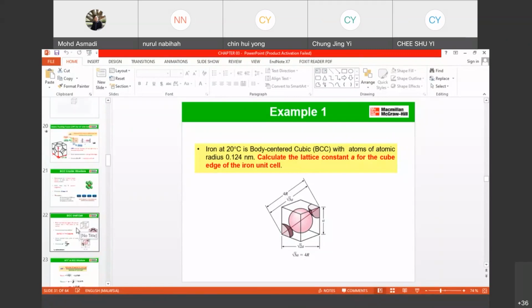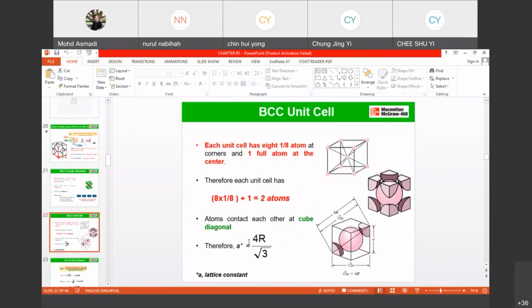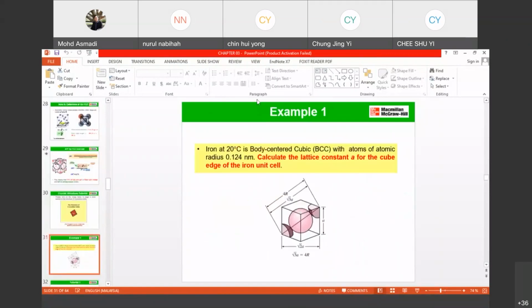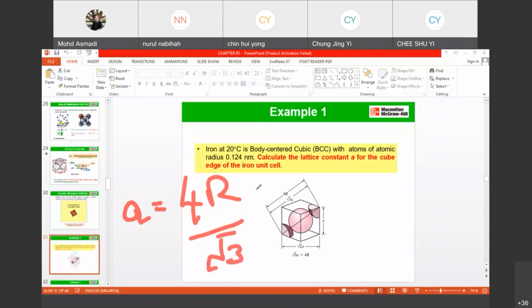If you look here, the equation for the lattice constant A is 4R divided by square root 3. So just use this equation to calculate the lattice constant. Meaning that A equals 4R divided by square root 3. So just substitute into this one. Please calculate, A equals what?